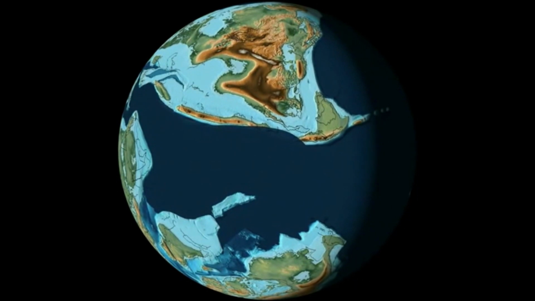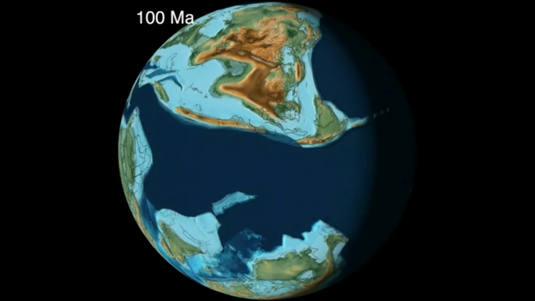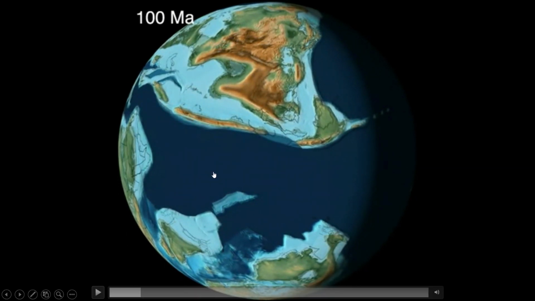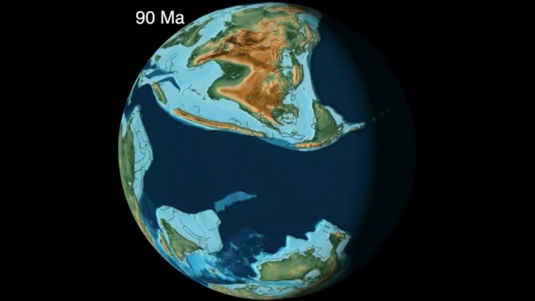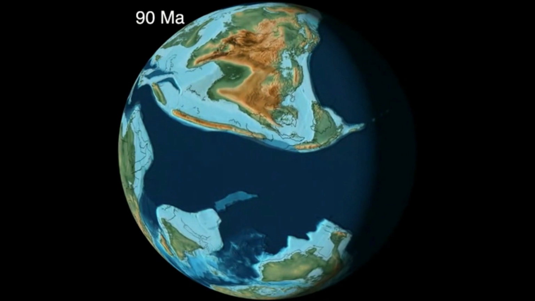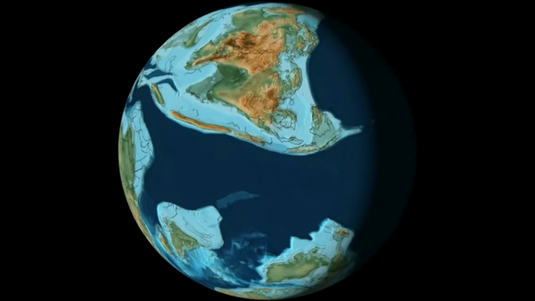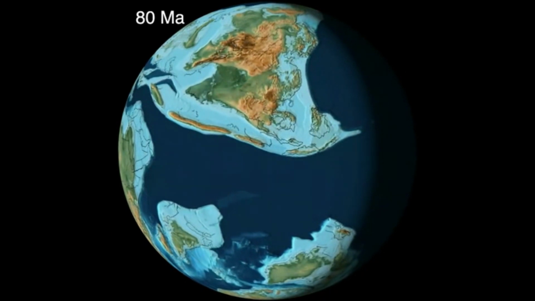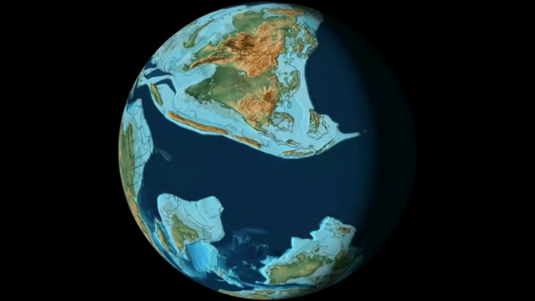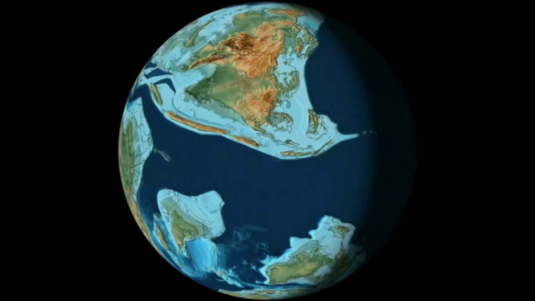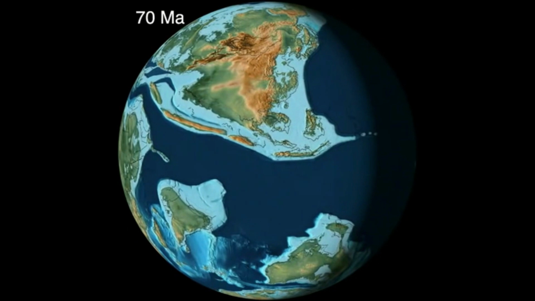So this is 100 million years ago. Just see, this is our India. Around 50 million years ago, the Indian plate started moving northwards.